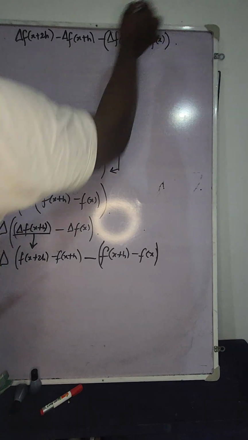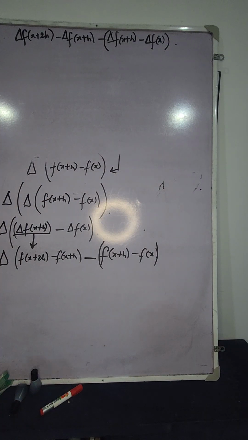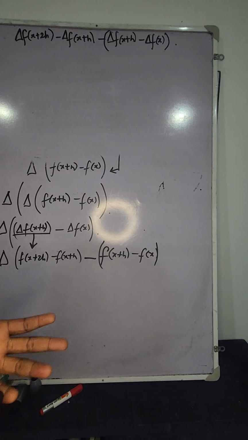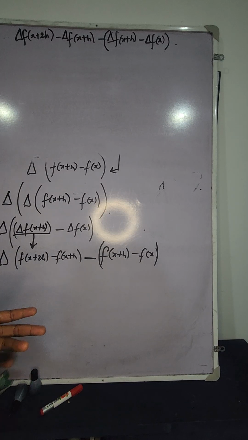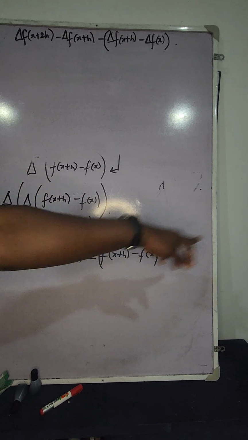Did you see that? So we have used this to multiply out. I told you that the properties of a forward difference is number one, the forward difference of a constant is 0. The forward difference has the power to expand, so it can open brackets.